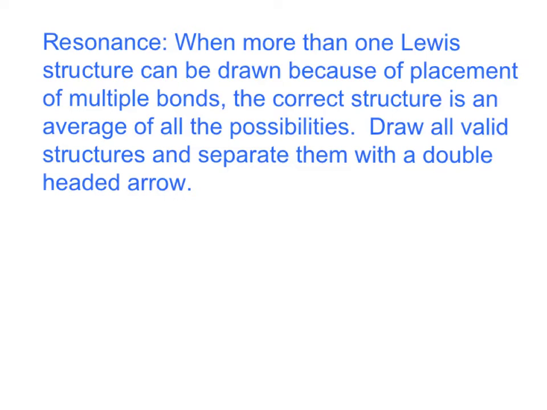This is a fundamental limitation for the Lewis dot diagram model, and so it does not accurately depict what the structure is no matter what you do. So the best that this model can do is to say draw all the valid structures, separate them with a double-headed arrow, and then the reader is just left to understand that the true structure is really just an average of all the different possibilities.